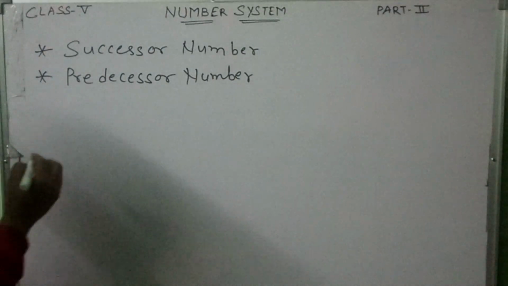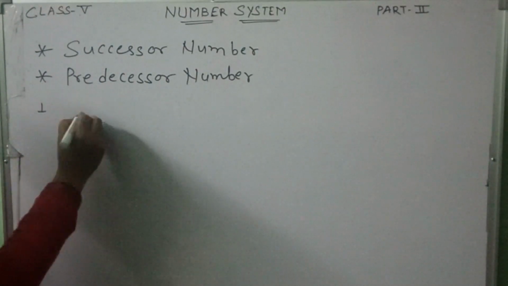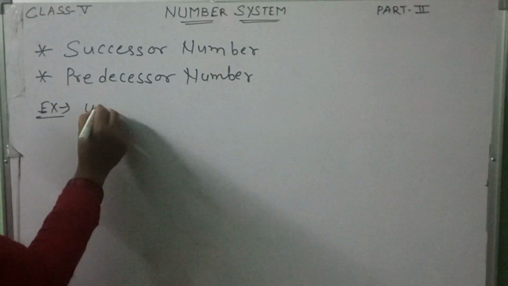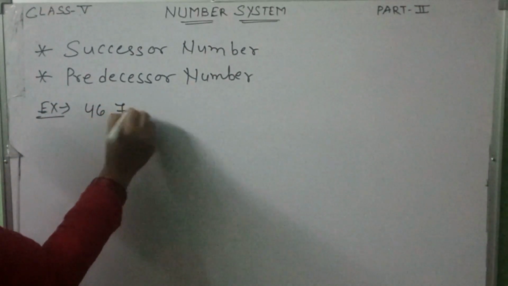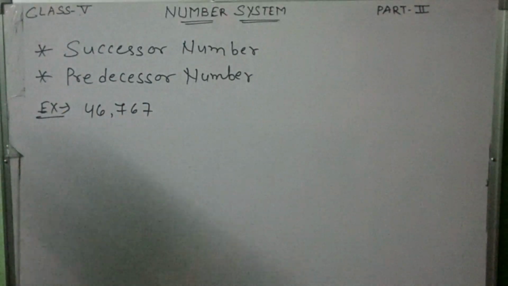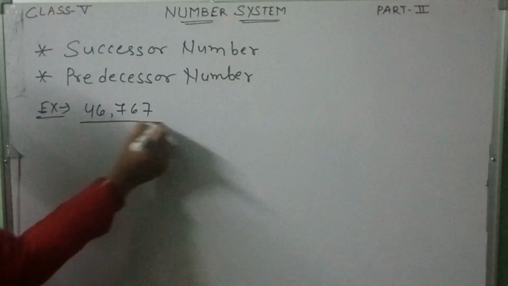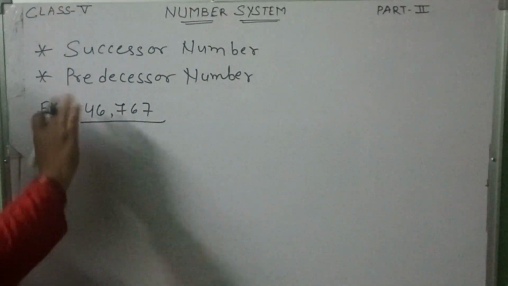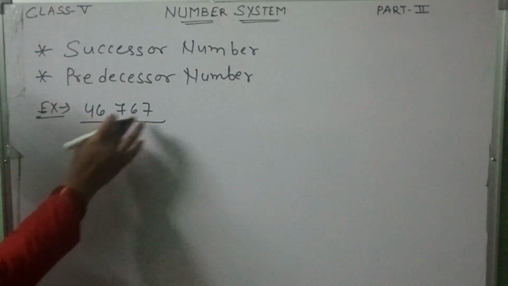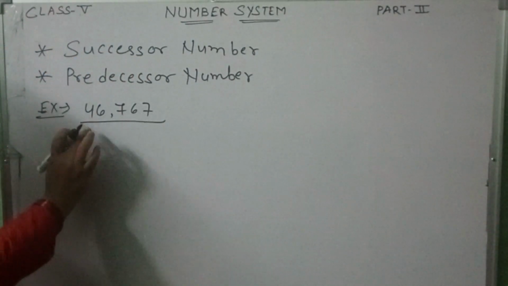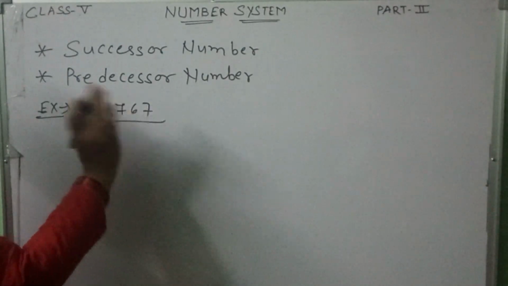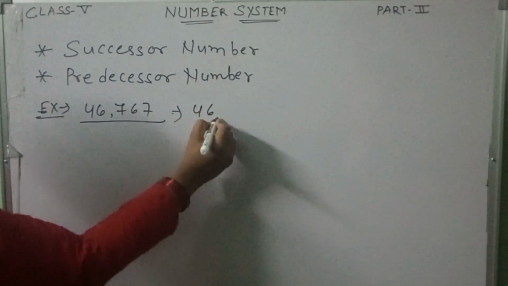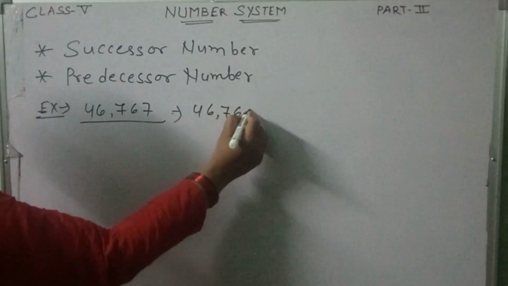One example. Take one number, any number. Example here, 46,767. If I will ask you, what is the successor of the 46,767? So what I said, successor just after the given number. So 46,767, just after 767 it will be the 46,768.